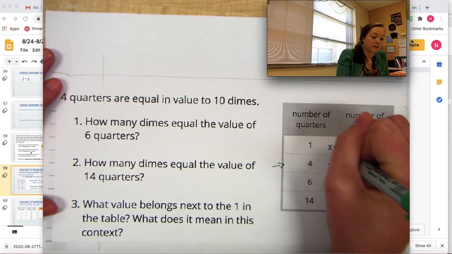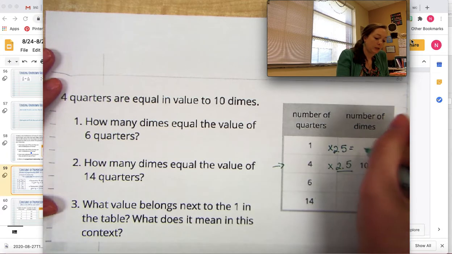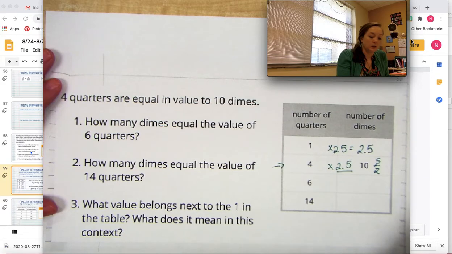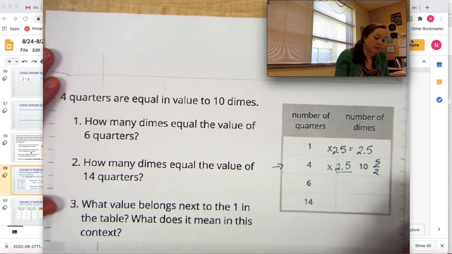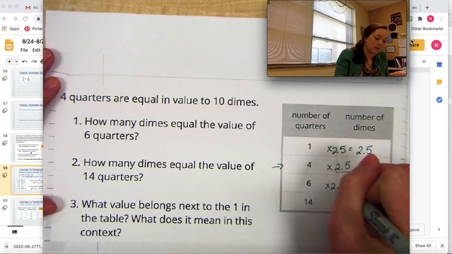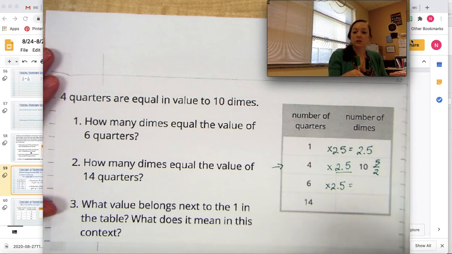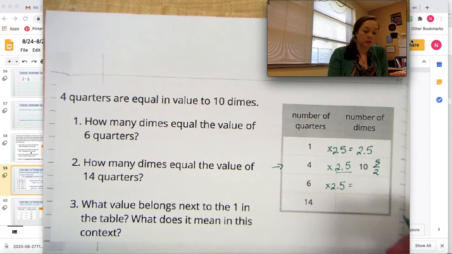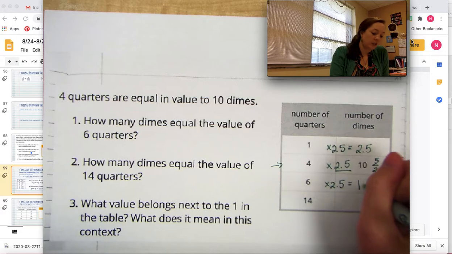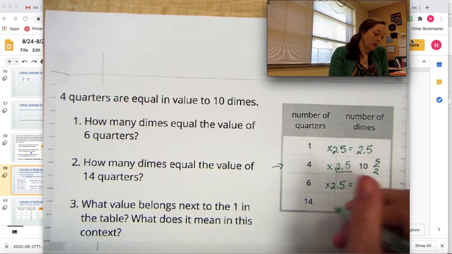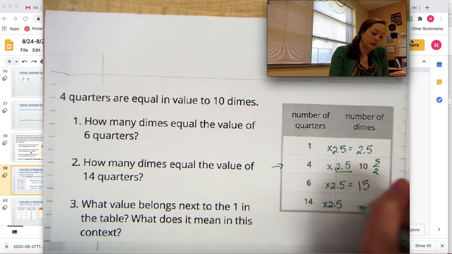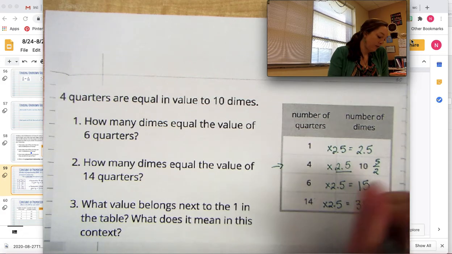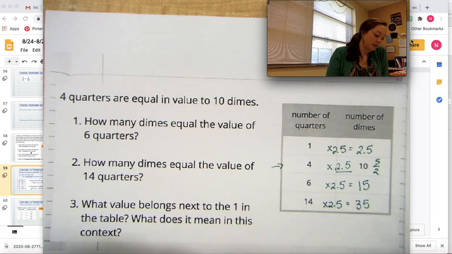So I'm going to fill in the rest of my table for 1/4 and how many dimes that is. And now how many dimes equals 6/4? Multiply by 2.5 here, and you will get 15 dimes. And then multiply by 2.5 again, and you get 35 for 14 dimes.